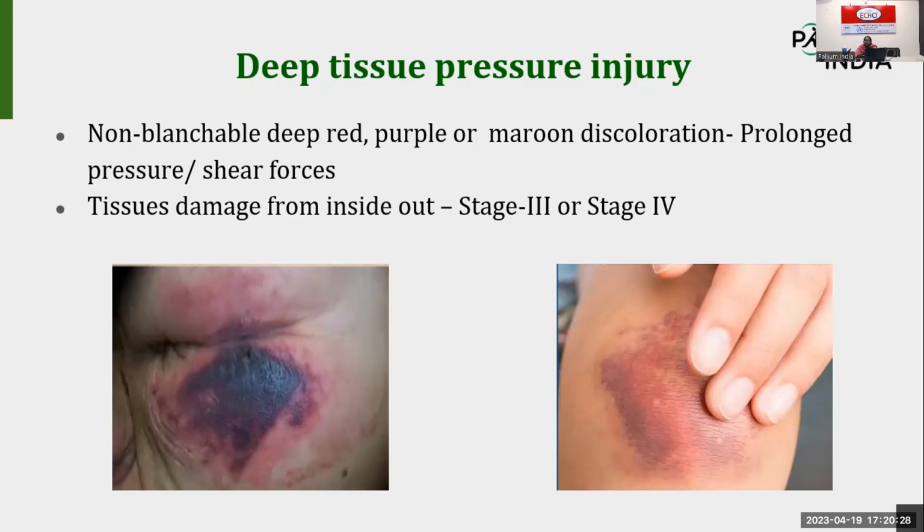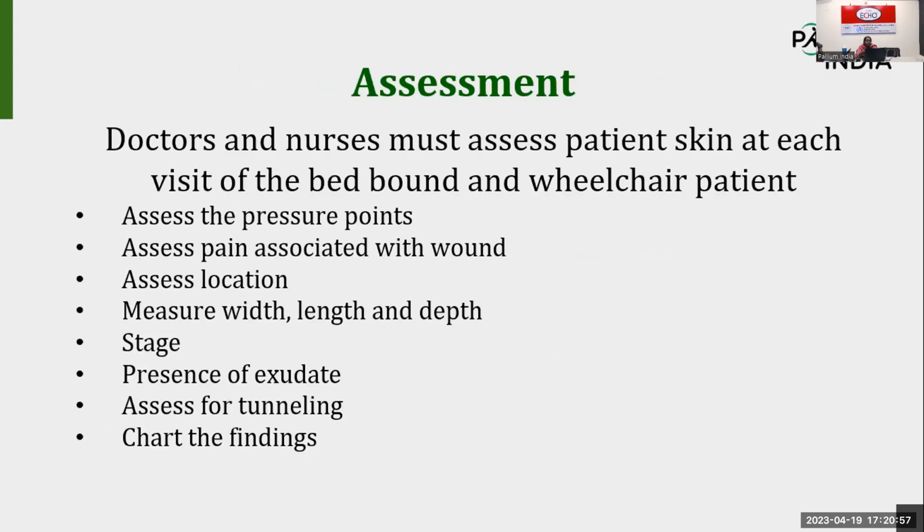This is because of the shearing force. Sometimes it comes out of stage 3 or stage 4. The tissue damage goes from inside to outside, not outside to inside. The tissues inside are damaged first, and then finally the skin, the dermis layer, will break down.